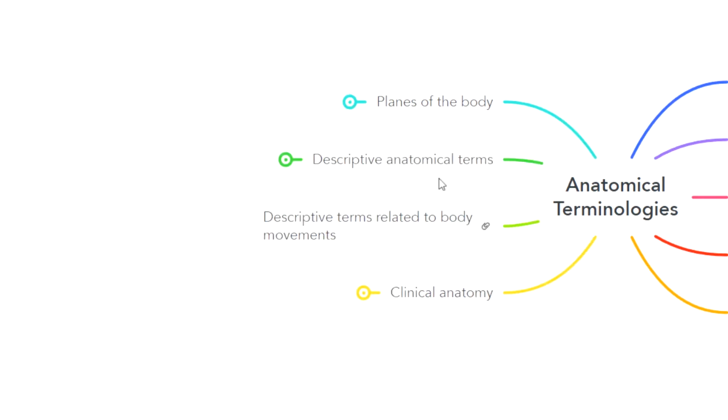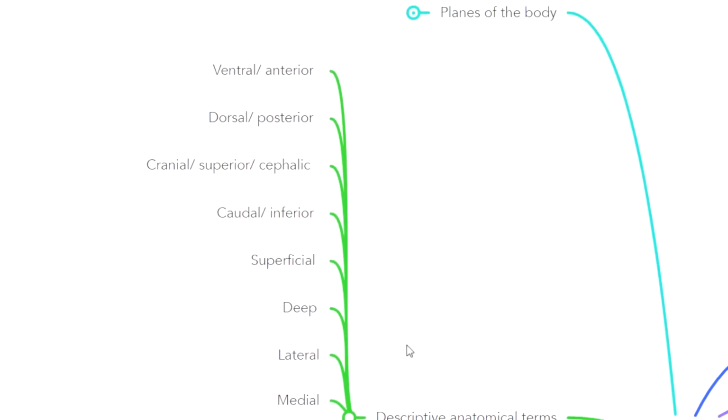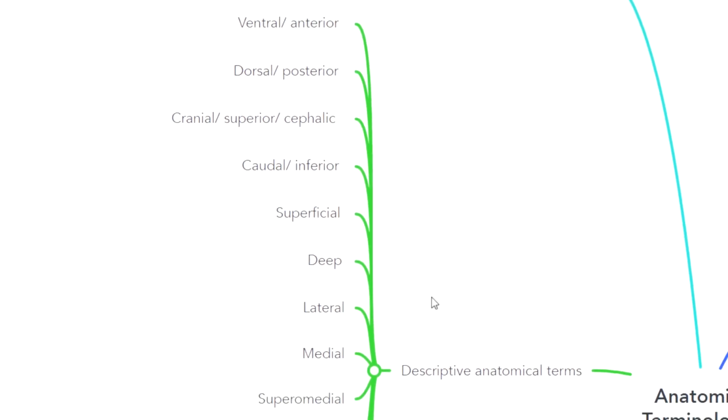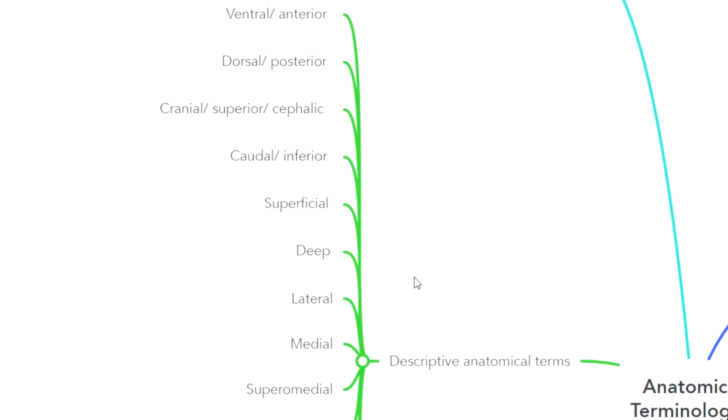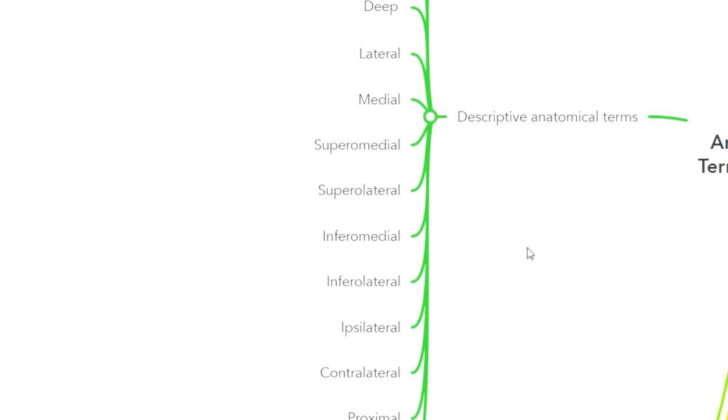Okay, the next topic we discussed was descriptive anatomical terms, which is a whole lot of terminologies. We discussed what is ventral, anterior, posterior, cephalic, caudal, superficial, deep, lateral, medial, superomedial.